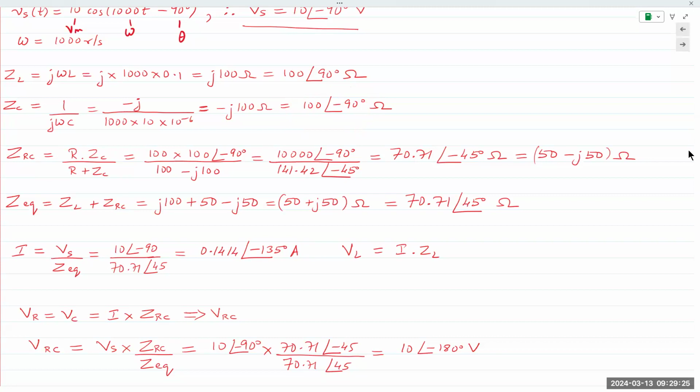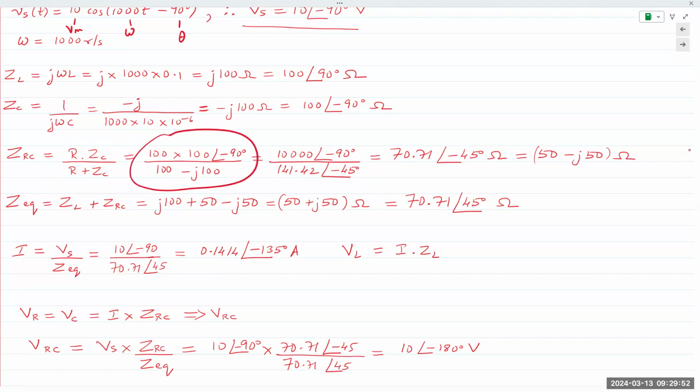ZL and ZC are found as j100 and minus j100. Then I want to find ZRC, the parallel combination of the resistor and the capacitor. The parallel combination of two impedances is the product of the two divided by the sum of the two, so it's R times ZC divided by R plus ZC.